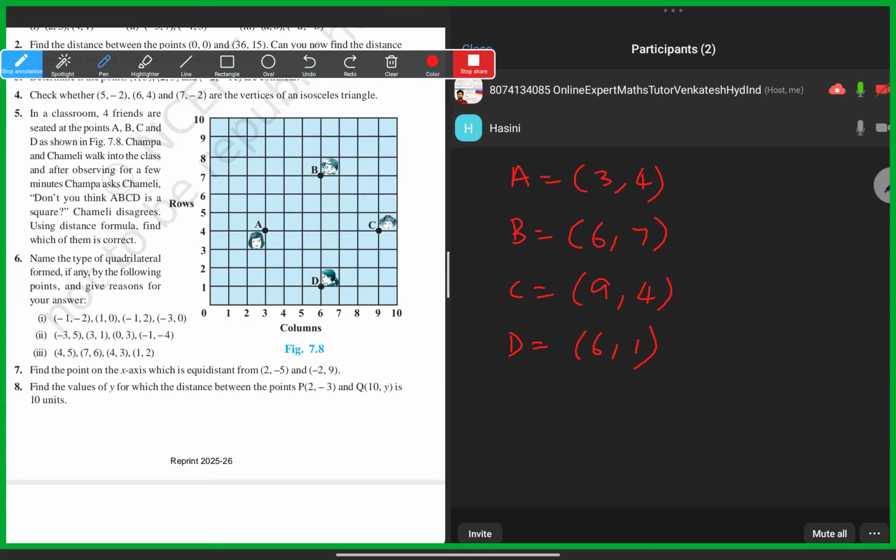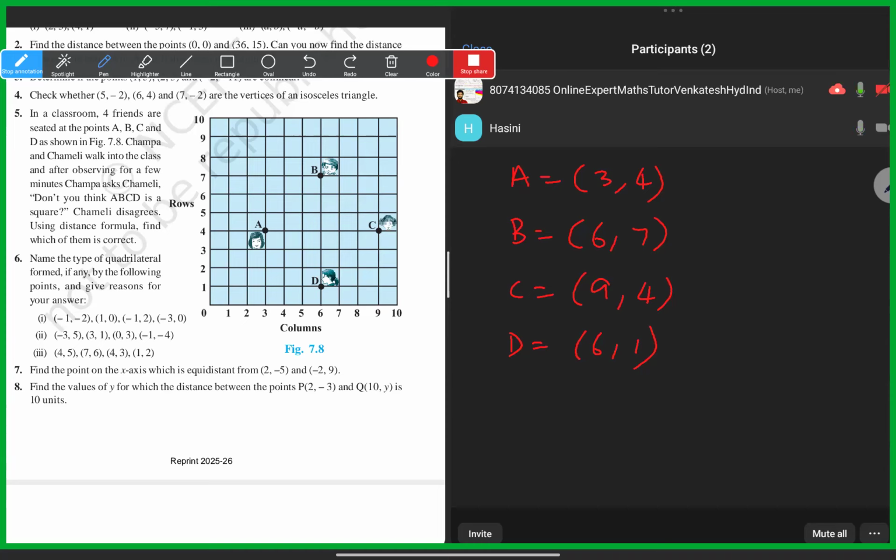Okay, sir. Means Champa asks Chameli that ABCD is a square or not. Then Chameli disagrees.